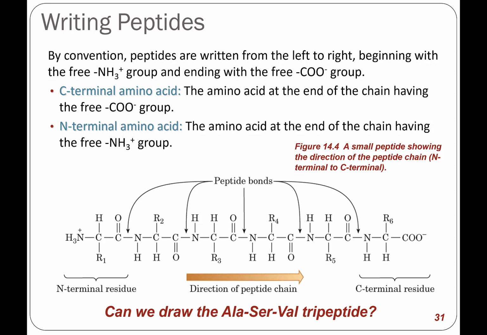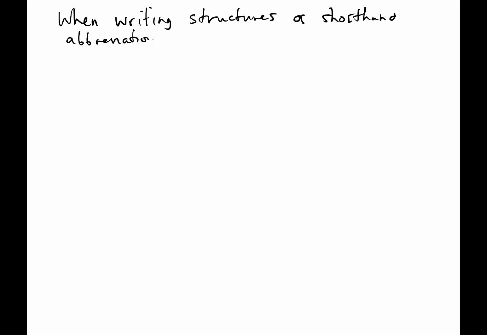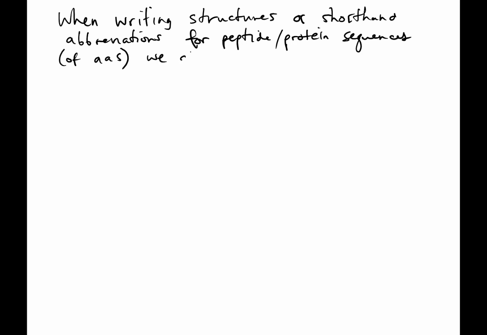Now, the particular way is this, and I have a slide here that I'll write. So let's say, when writing structures or shorthand abbreviations for peptide or protein sequences of amino acids, for our purposes, we will always write them, and they mostly are done this way, not always.